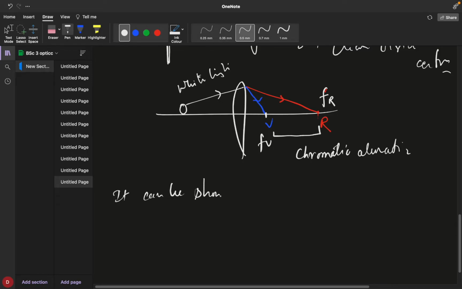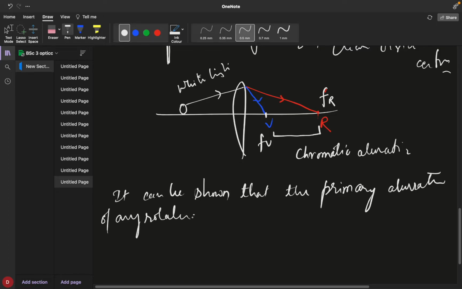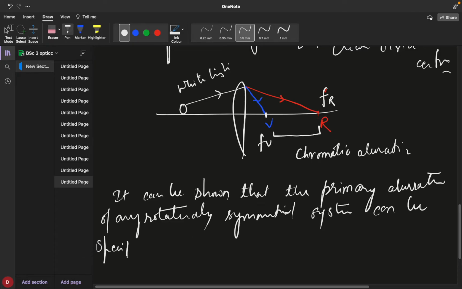It can be shown that the primary aberration of any rotationally symmetric system can be specified by five coefficients.